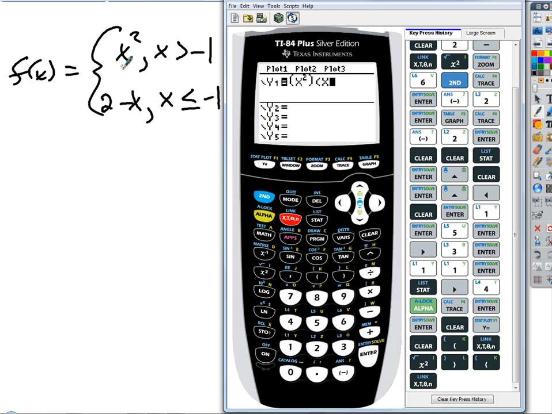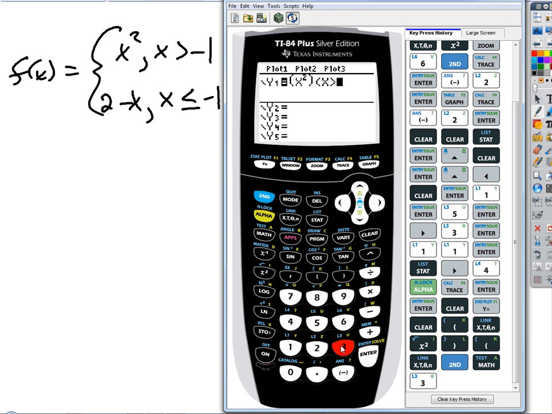So that's how maybe you can remember that. So we go second, and it's behind math, so second test, and there's our list of inequality signs. We wanted greater than, which is number 3, -1. Okay, and I close the parentheses.